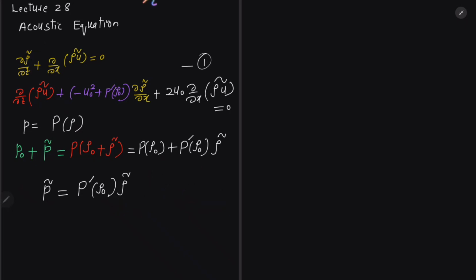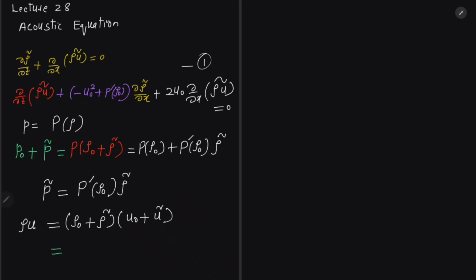Now there is another quantity that we have to change, which is this one. For that, we first have rho u. This is not rho u tilde, remember that. We will find out why we have taken rho u without tilde. Rho will be equal to rho naught plus rho tilde, and u will be equal to u naught plus u tilde, and we multiply these two.